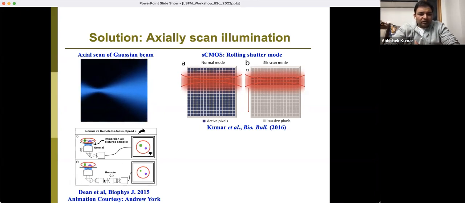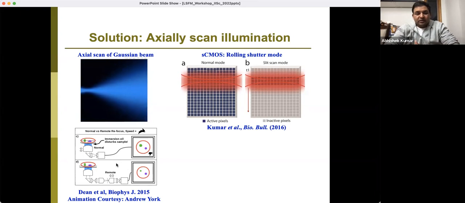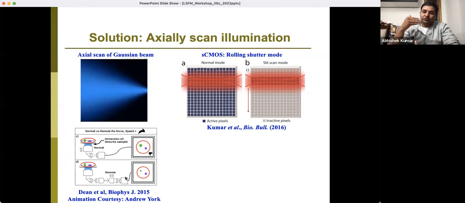Let's see. I don't know why this animation is not working. It's from Andrew York's lab at Calico, and Kevin Dean, then a graduate student with Reto, they implemented this remote focusing approach.